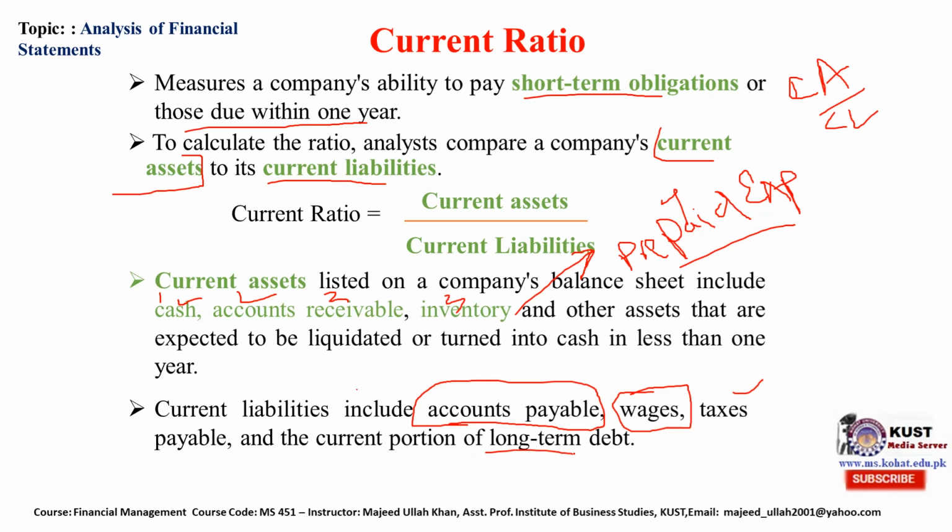Current portion of long-term debt means that if you had borrowed, let's suppose, 1 million earlier in, let's suppose, 2010, and one of the installments, let's suppose 20,000, is due in 2020, we will call this a current liability. We will also report it in current liabilities.